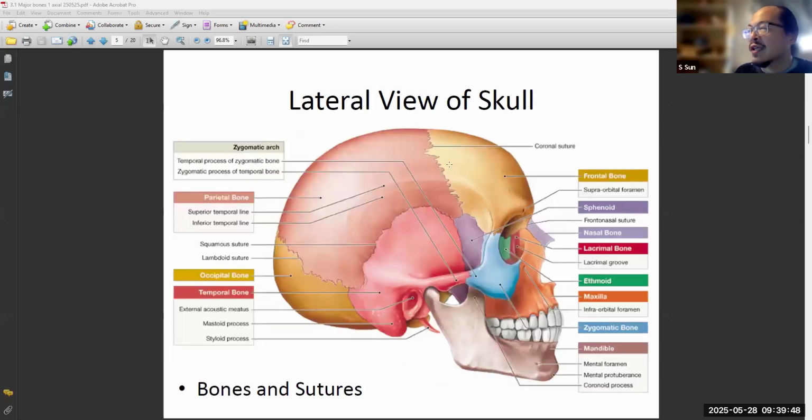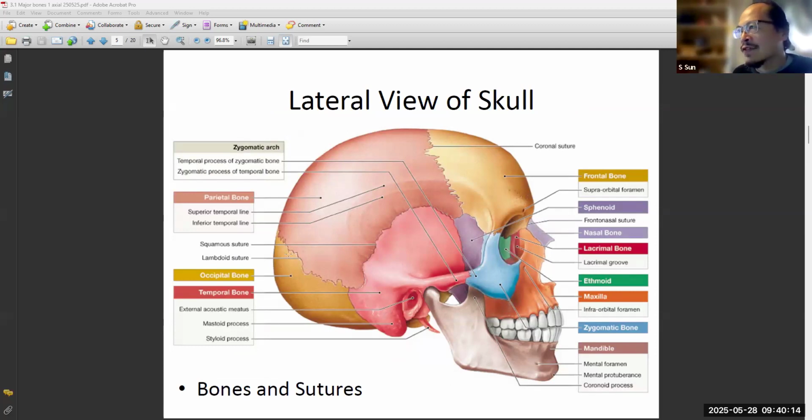After talking about the sutures, let's look at some other features of the bone. Our bone is very much sealed up, but they still present some holes that allow nerves and blood vessels to go through. So let's look at those features and some other features as well.